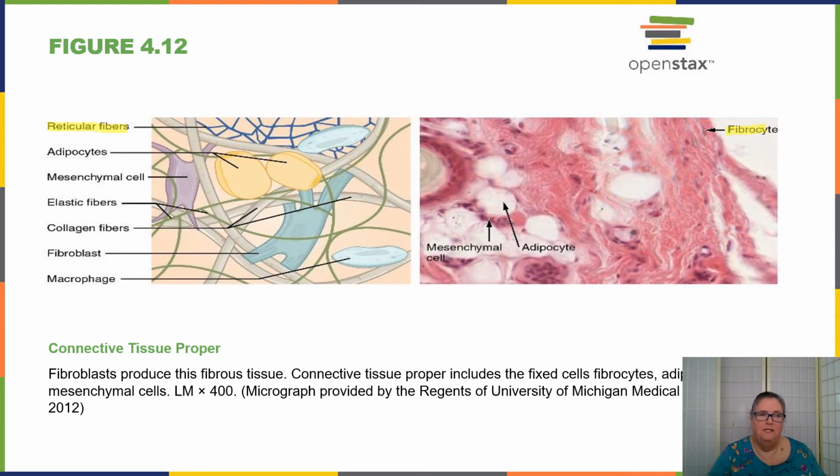Reticule means a net. Adipocytes are fat cells. We've got elastic fibers, collagen fibers, fibroblasts. So blasts are builder cells, and in this case we've got a macrophage. So this is an example of connective tissue proper. When we see cytes, that just means cells, right? And when we see blast, that means a builder.